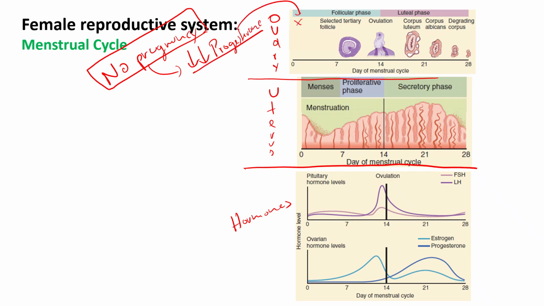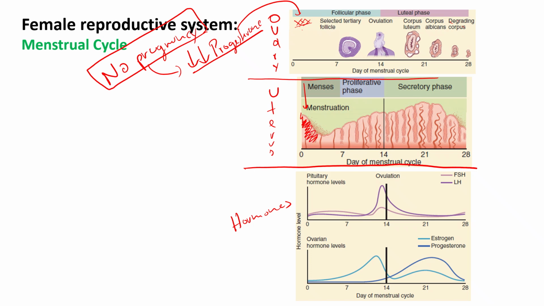There's no follicle, because the corpus albicans degrades, and that was the one that produces progesterone. So in the ovary at this point, there's nothing there, maybe residuals of the corpus albicans. That low progesterone is what causes the endometrium to shed and the bleeding of menstruation.